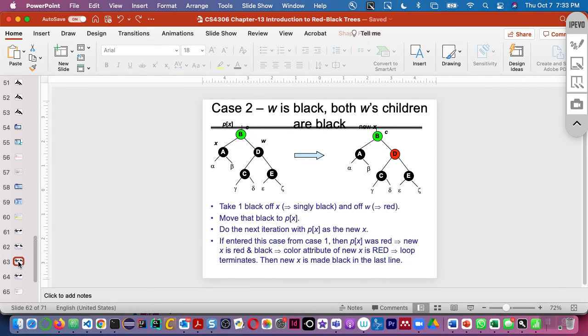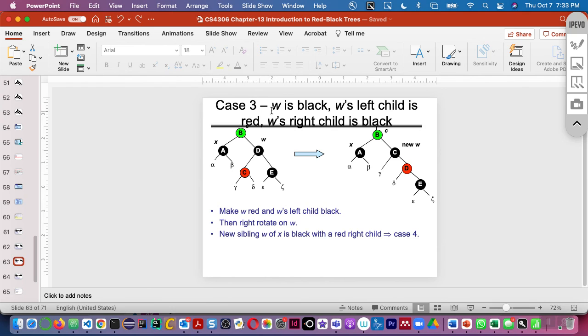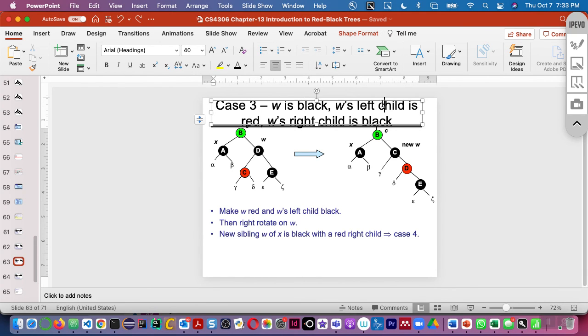Then the third one, case 3: if W is black and W is the left, and W's left child is red, and W is black but W's left child... So we want to delete this, but still we are looking at children, grandchildren color. Okay, in this case we are looking at this C color. If C color is red, then case 3.